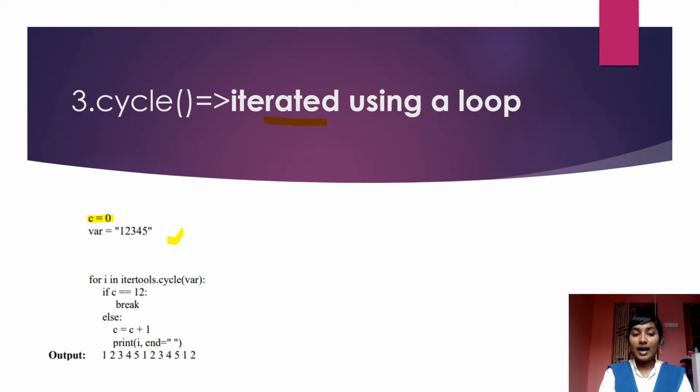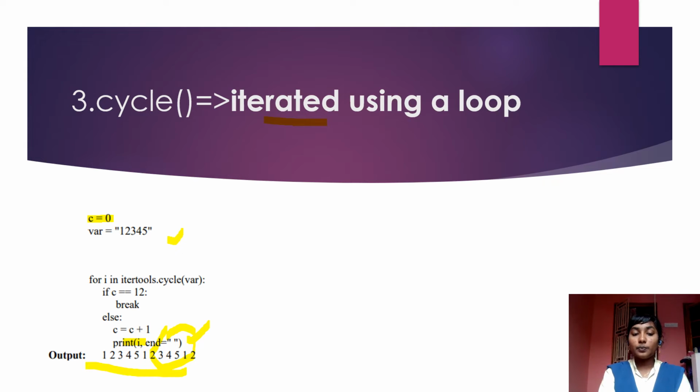Then for i in itertools.cycle of var, the var 1 2 3 4 will get repeated in a cycle mode. If c equals 12, then we need to break it. And now using else, we make c equal to c plus 1, and then print i. We are using the end argument because it gives spaces.